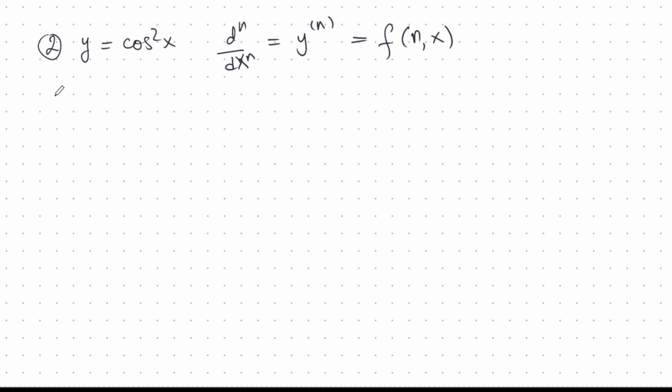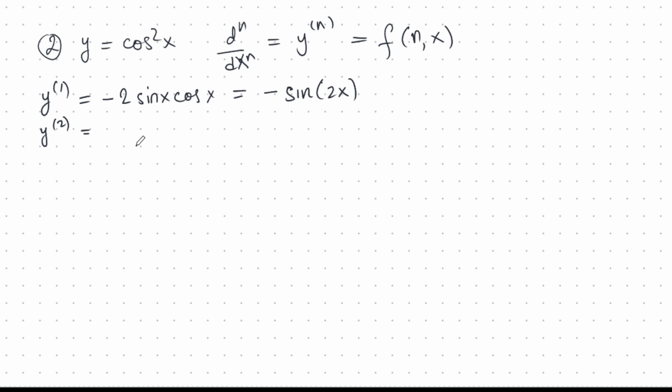All right, so let's do some calculations first. y1, the first derivative, is -2 sine x cos x. And this, by trig identity, is minus sine 2x. Okay, so that's the first one. Now the second derivative.